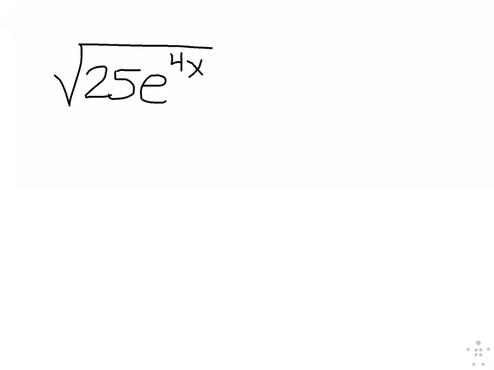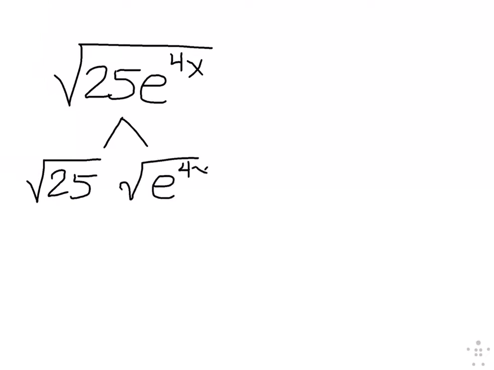Okay, Jalen is asking would I square root the regular number first. What do you guys think? Yeah, I agree. So you could take the square root of 25 and the square root of e to the 4x. You can take them out individually like that. That is perfectly fine. Anybody know what the square root of 25 is? Awesome.